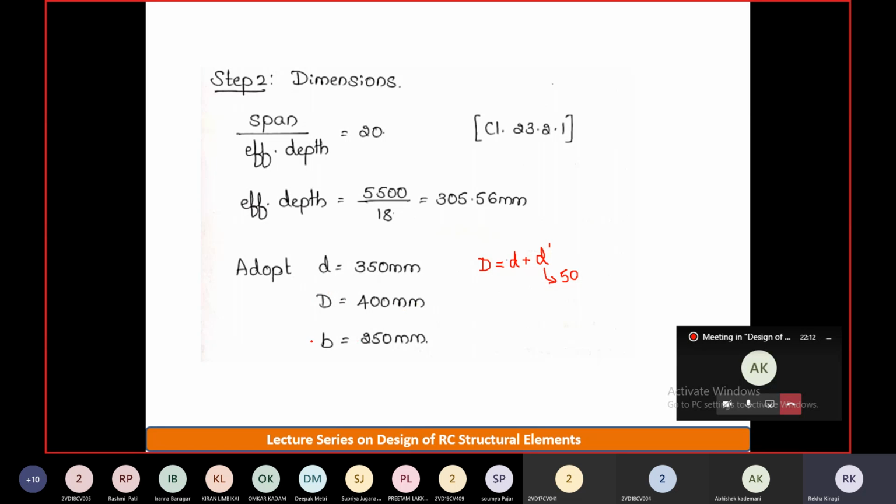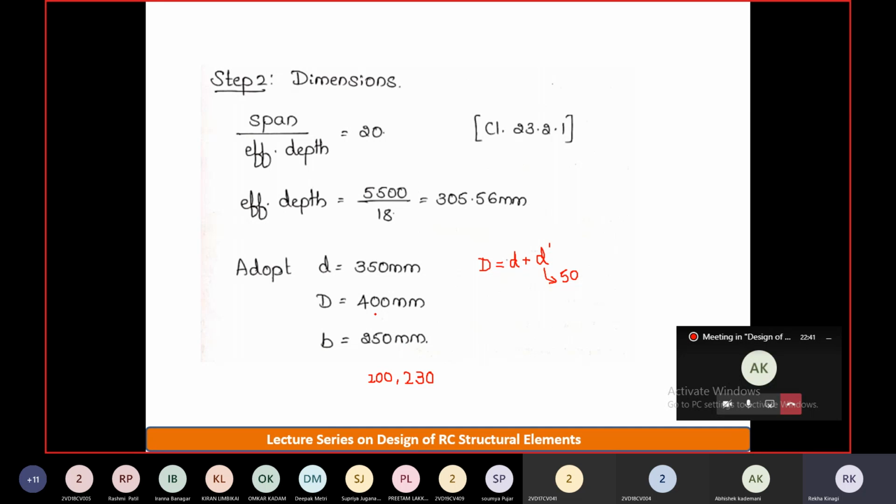And now we need to decide the breadth of the beam section. As already told, the breadth of the beam section is to be considered as either 200 mm and multiples of 50, along with 230 mm also. So we need to consider 200, 230, 250, 300, 350 and so on.